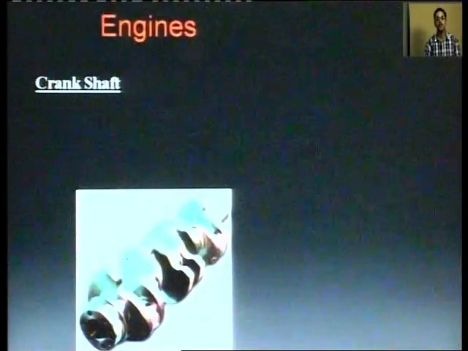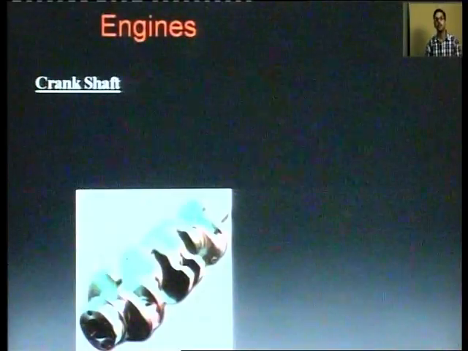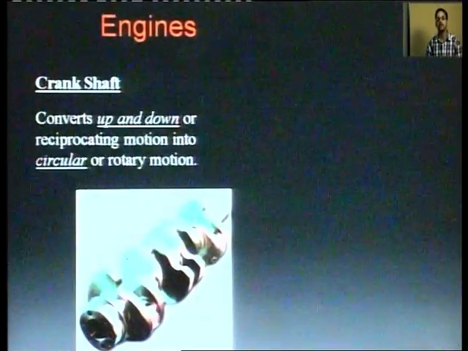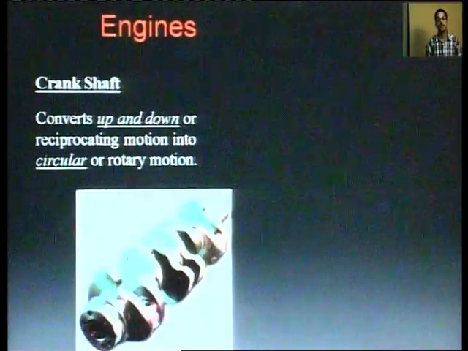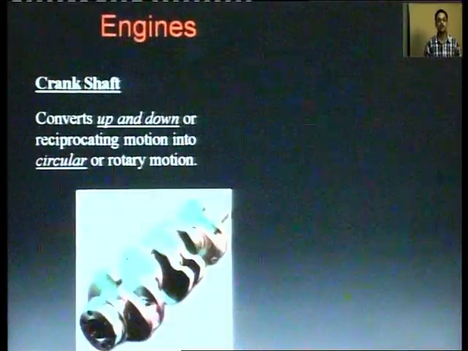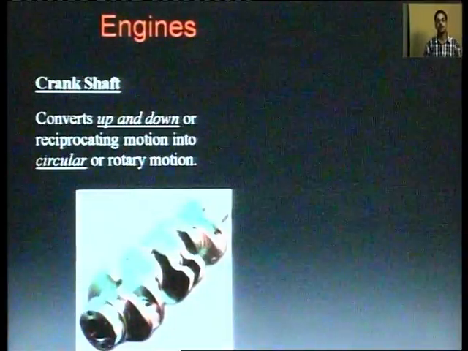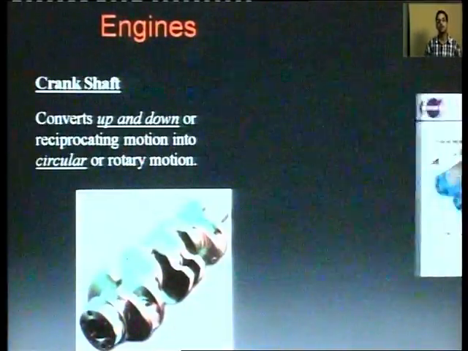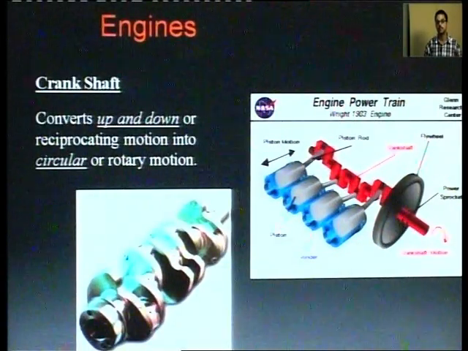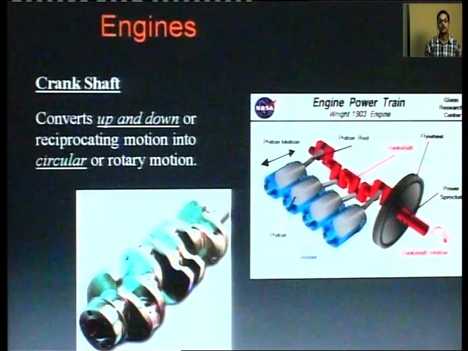See, there is a peripheral area which is very fine, so we can judge how many terminals it has. It converts the up and down reciprocating motion into circular or rotary motion. This shows the complete arrangement. In the 4-cylinder engine, there are 4 pistons individually shown over here, and the various arrangements are also shown.